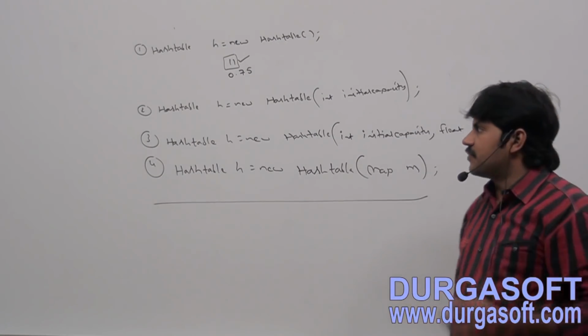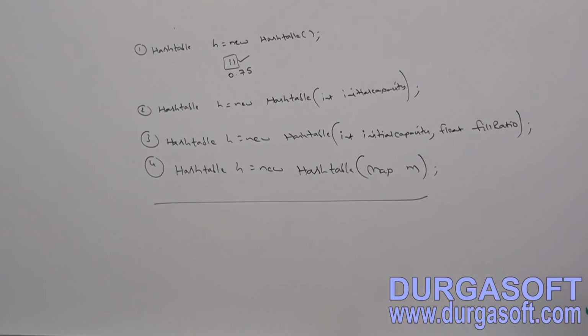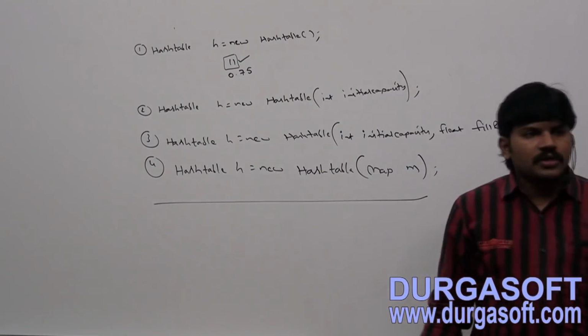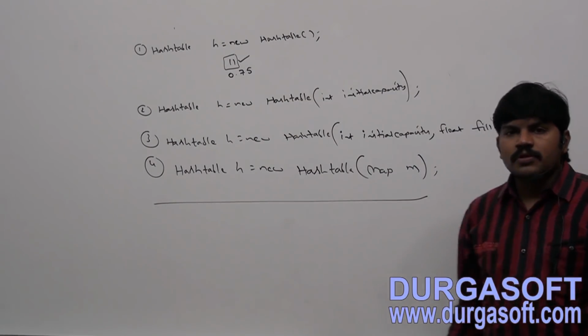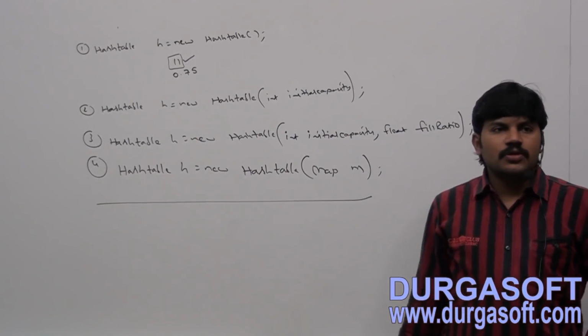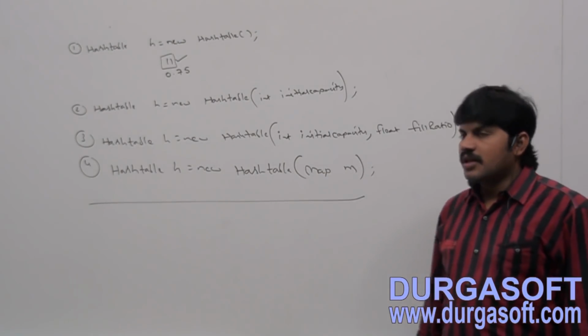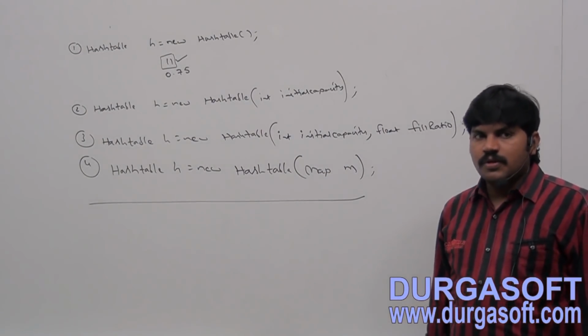Add the first one only. Hash table h is equal to new hash table. Is the T small or capital? Small, make sure.